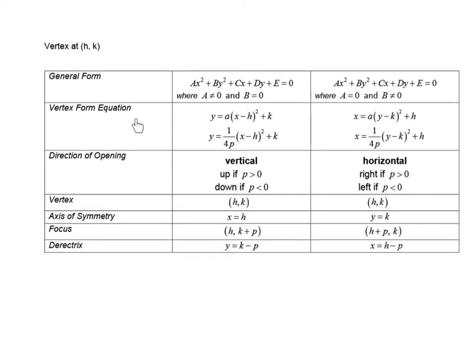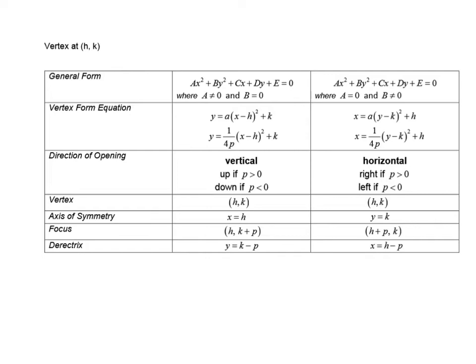The vertex form of the equation is this, and we're not using this vertex form today, but I do want you to notice this right here. This y equals 1 over 4p. Notice how this is the same thing as a. And that is very important because we're going to use this right here to find a value called p.